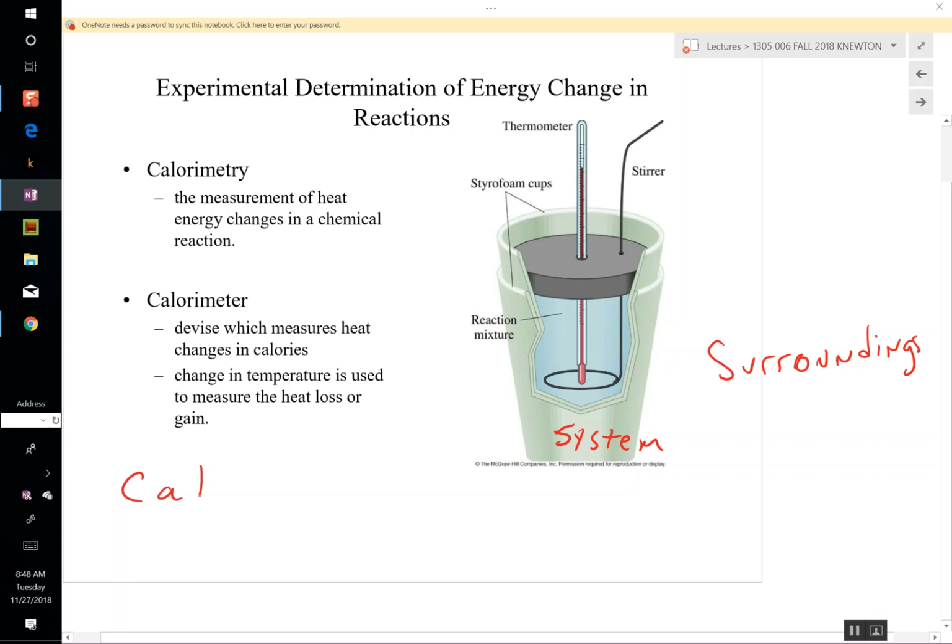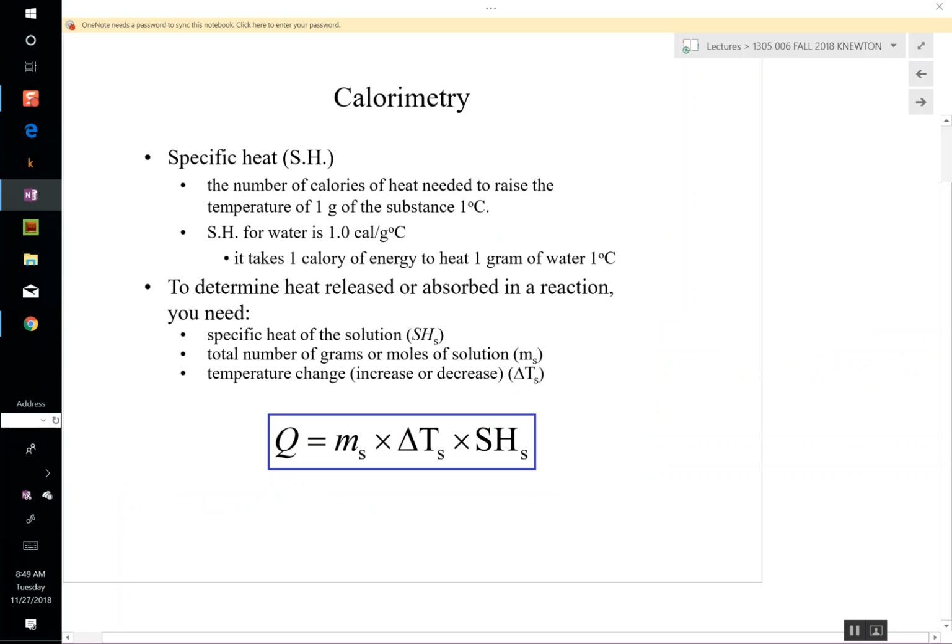Calorimeter comes from the same word as calorie, which is a unit of energy. The calorie is a unit of energy. And here is the calorimetry equation. Q is just the amount of heat.